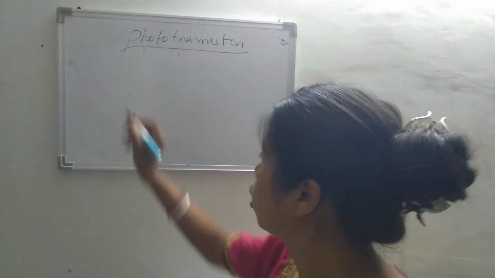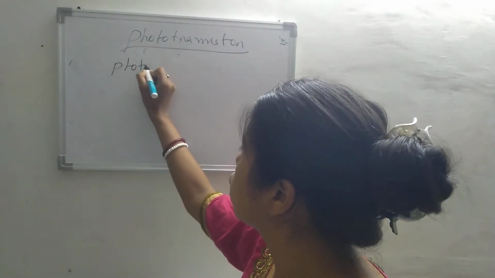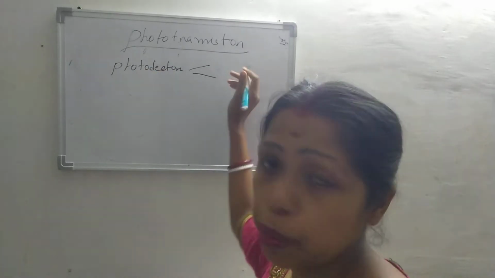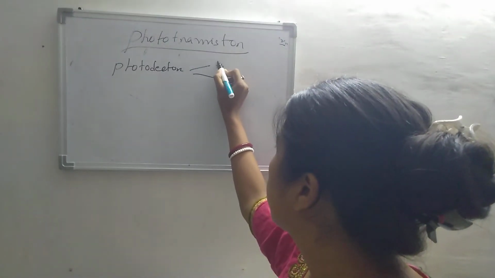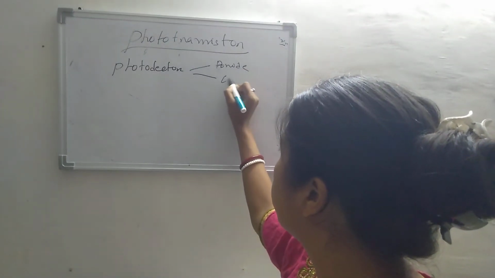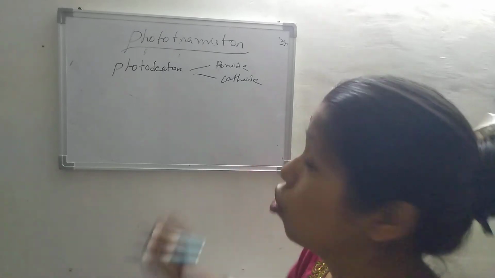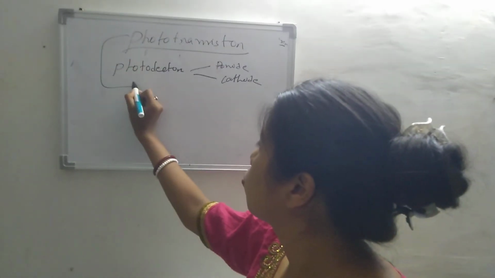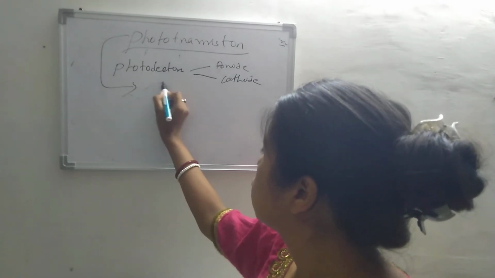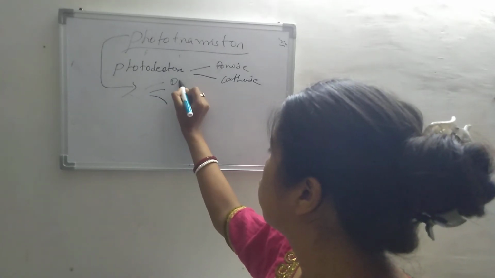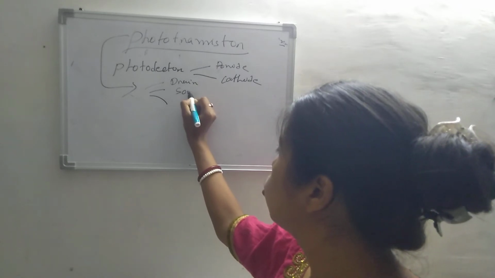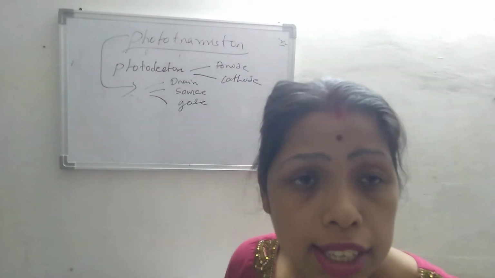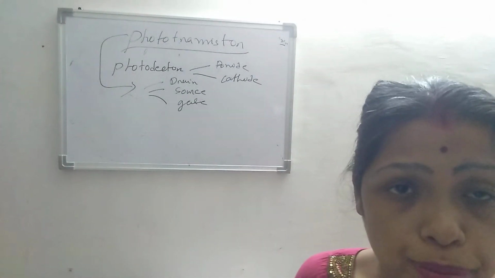What is the difference? In the case of the normal photodetector, it has two terminals, anode and cathode, right? But the phototransistor has three terminals: drain, source, and gate.